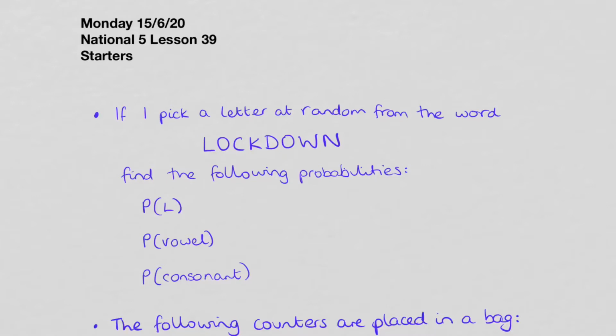So if we have a look, remember, probability is calculated as a fraction, and on the bottom of the fraction is the number of possible outcomes, and on the top it's the number of favourable outcomes.